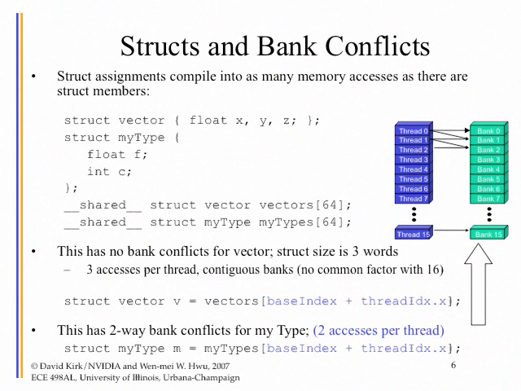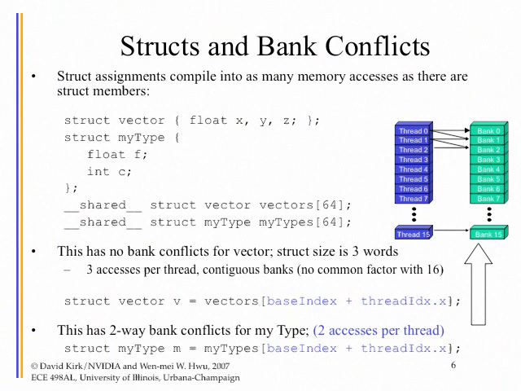Thread 1 is going to load the first word of its 3 elements, and that's going to start with bank 3, because each struct occupies 3 banks. The third thread is going to go to the third group, which will start with bank 6.